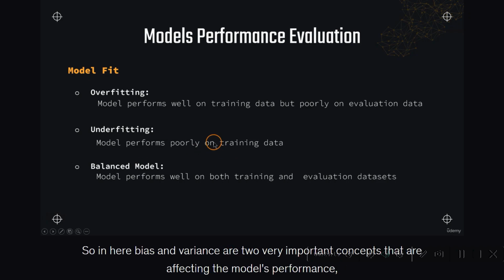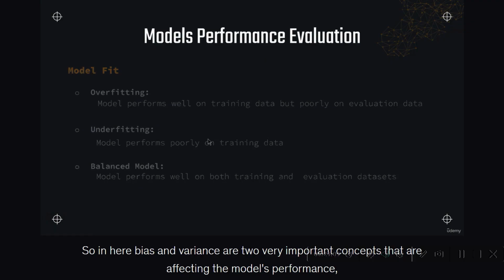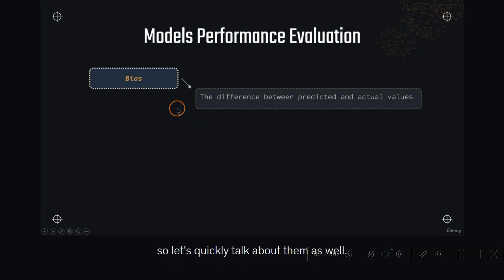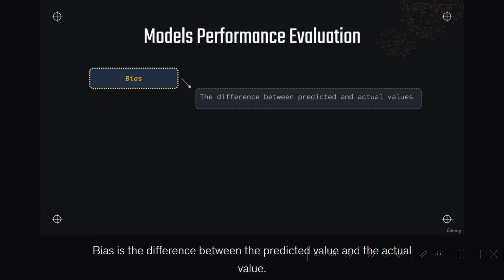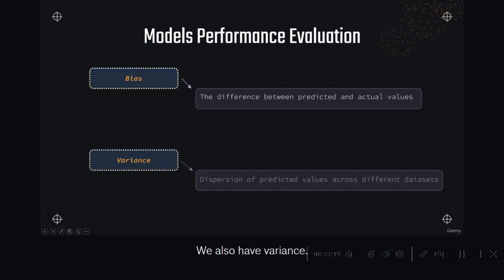Bias and variance are 2 very important concepts that affect the model's performance. So let's quickly talk about them as well. Bias is the difference between the predicted value and the actual value. So this is basically the error. A high bias indicates that the model might not be good enough. Maybe it's too simplistic and it doesn't capture the underlying patterns. We also have variance.